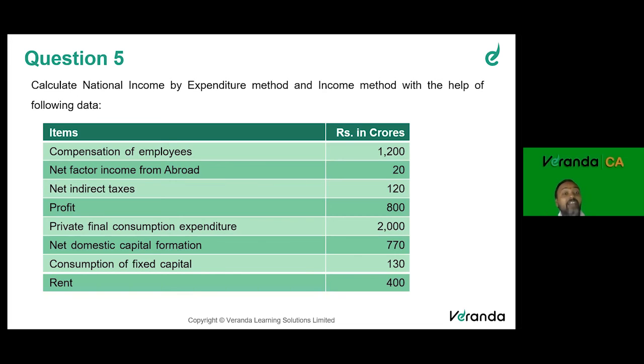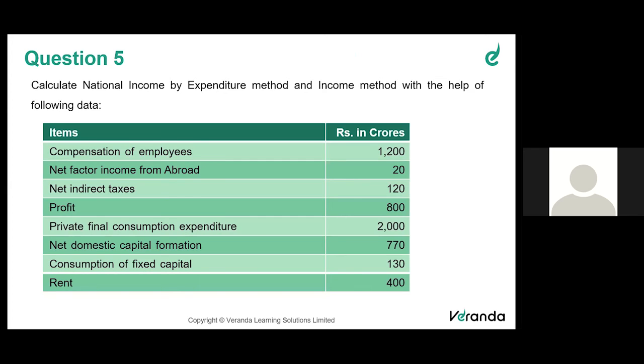And then comes the consumption of fixed capital. Again, that is also forming part of capital formation, sir. Capital is in the form of assets because we are going to invest in business. Correct. But do you think that the capital is going to be there, or it is going to be spent further? It is going to be used, right? There is something called depreciation which would come into the picture.